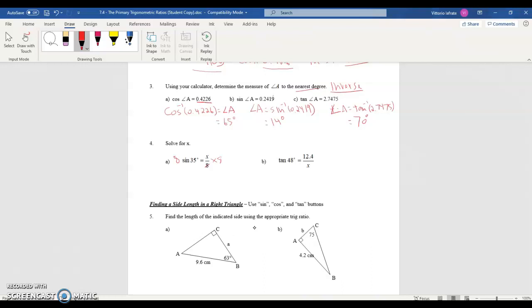That will cross 8 out over here, and so we get 8 times sine 35 is equal to x. Now, when you put this in your calculator, you need to be careful. First, there's a few ways you can do it. What I would do is I would push 8 and then do times sine 35.